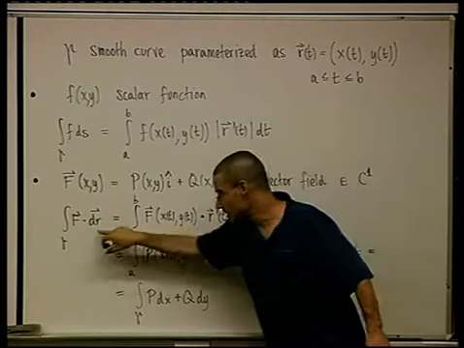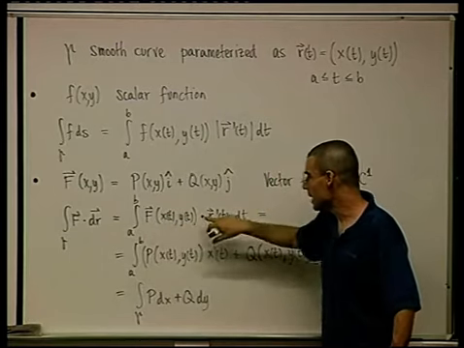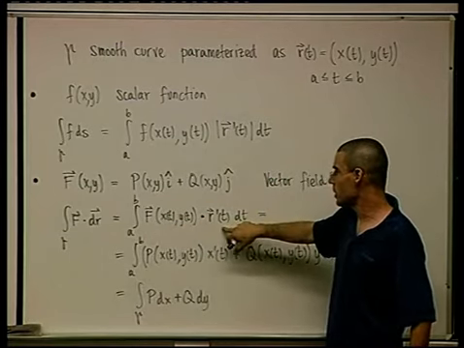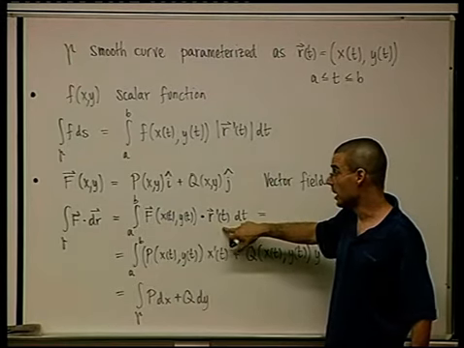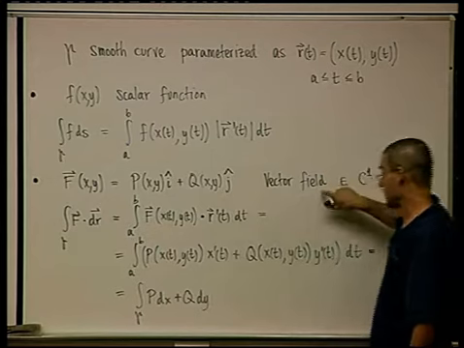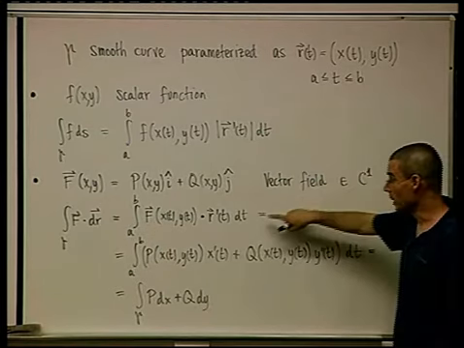F dot dr was just an indication for taking the field and taking the dot product with r prime. Remember this? This was the definition of the integral of the second kind, the one relating to vector fields.